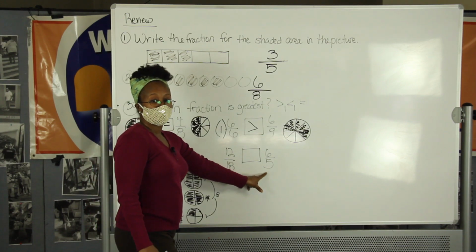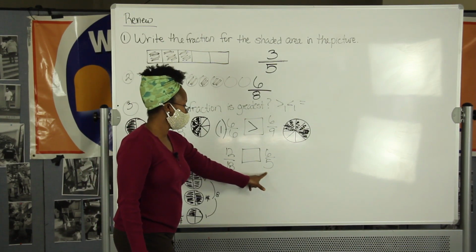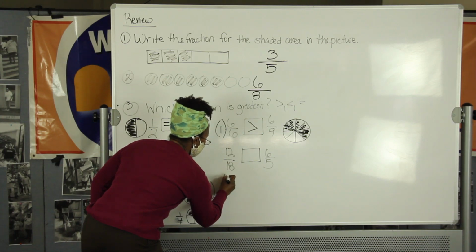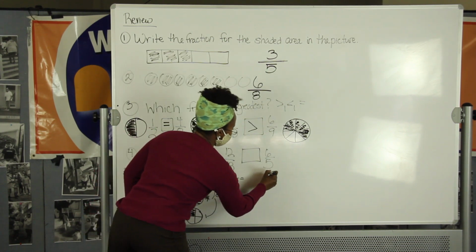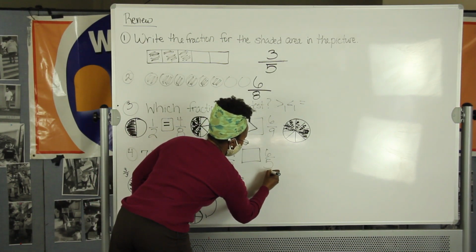The improper fraction is more than 1. So this one is less than or equal to 1. This one is more than 1.